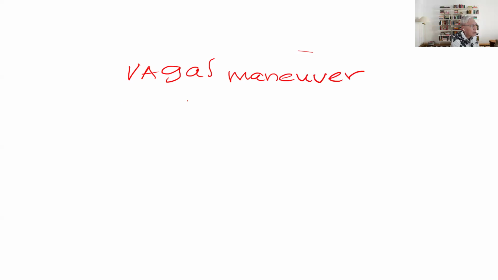Okay? So one such vagal maneuver that is going to slow down the heart rate is what's called the Valsalva maneuver. Valsalva maneuver is what you tell patients who are laboring and having contractions.